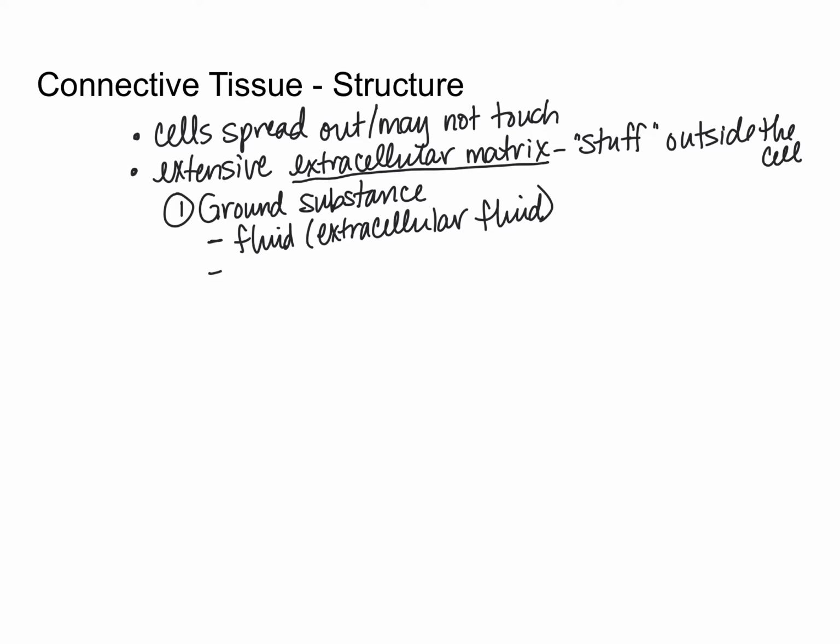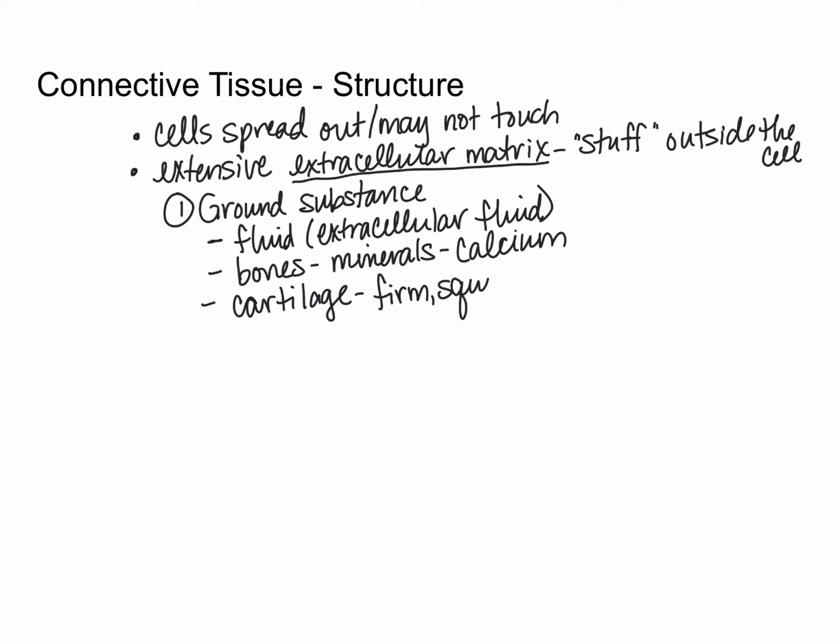So, for example, in bones, the extracellular matrix is packed with minerals, especially calcium. In cartilage, the extracellular matrix is like a firm, squishy texture. So it depends on the different types of connective tissue, but generally speaking, this stuff is often fluid, but sometimes has some other stuff in it.